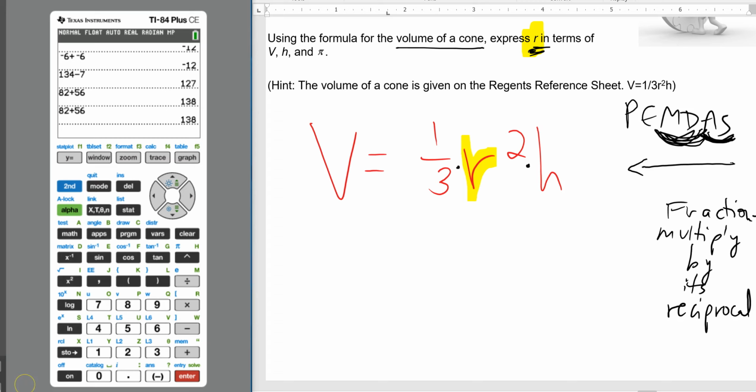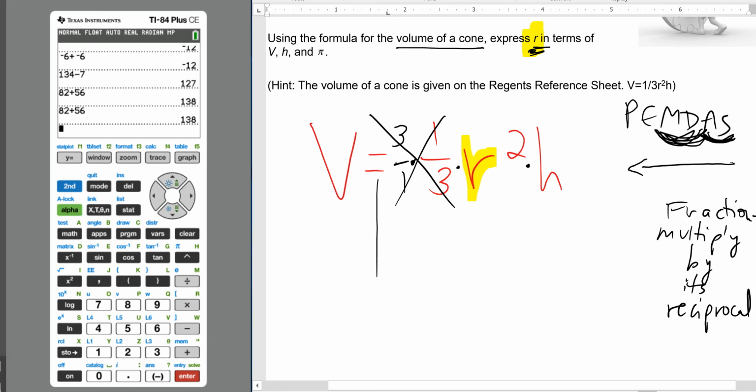If you divide fractions, you really multiply by the reciprocal of the second fraction. In any case, when you see 1/3, if you multiply it by its reciprocal, just flip it over, 3/1, it cancels out completely. Whatever we do on one side of the equation, we have to do on the other.